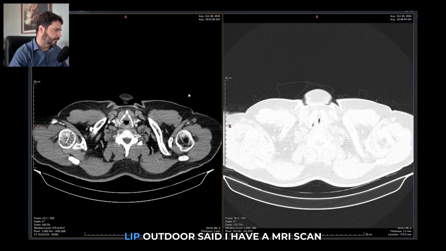Rip Some Lip Outdoors said, I have an MRI scan that I need a read on. If that's something you can do, or do you only accept MRI scans from doctors? I could read your scan, it's all right, but I'm only allowed to report scans in Brazil.